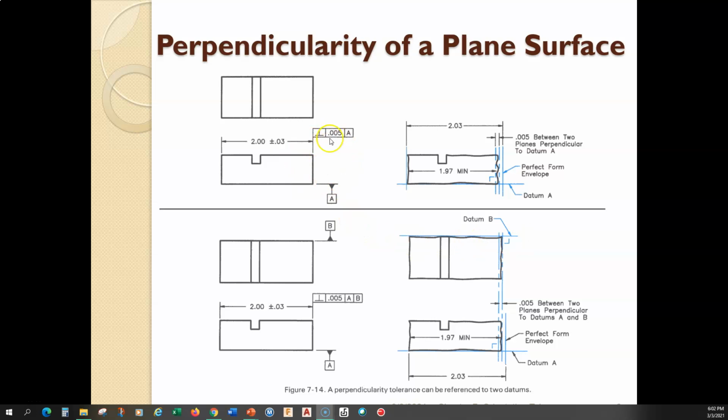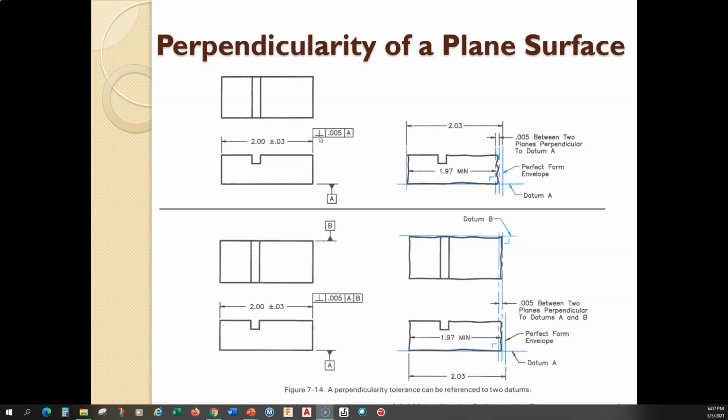Something simple. Right. So this tolerance right here, this perpendicularity tolerance, there's no difference between the perpendicularity tolerance and a flatness tolerance, except in the angular orientation. So a flatness tolerance is going to say, hey, this surface must be flat within 5 thou.